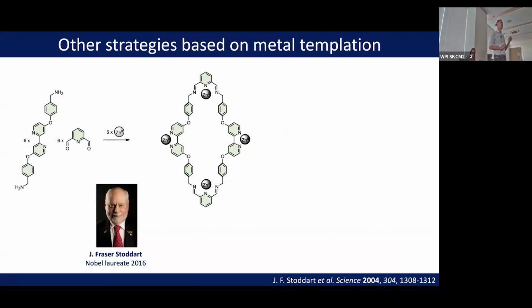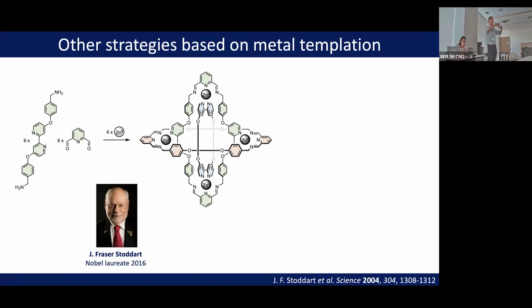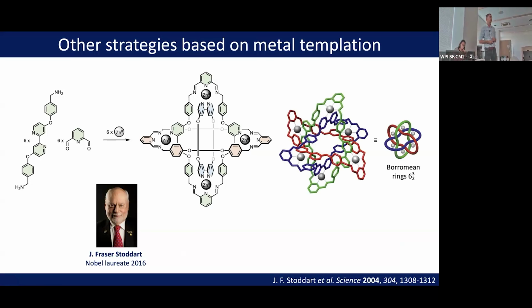But sadly, zinc would like to bind five nitrogens, possibly, and not 3 or 2, but 3 plus 2 makes 5. And therefore, if more macrocycles come around the zinc center, then it can template the formation of what happened to be a Borromean link. So extremely impressive synthesis, which happened quite early on in the years 2000.